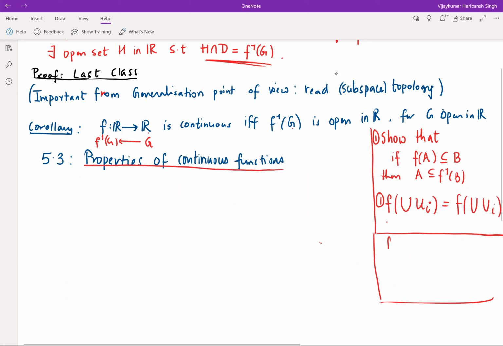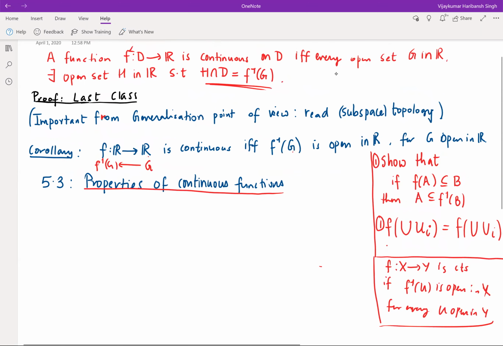A function f from X to Y between two topological spaces is continuous if f inverse of U is open in X for every U open in Y. So the inverse image of every open set is open, then we call the function continuous. That is the definition of continuity from the topological space perspective. But for now, for us, it is just a consequence.